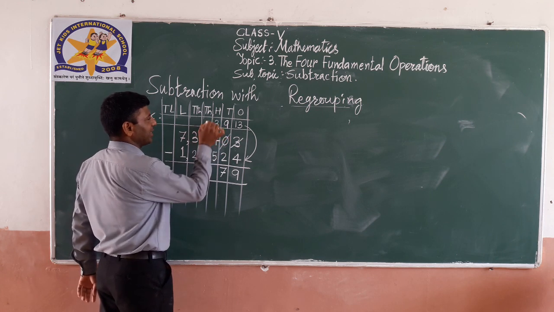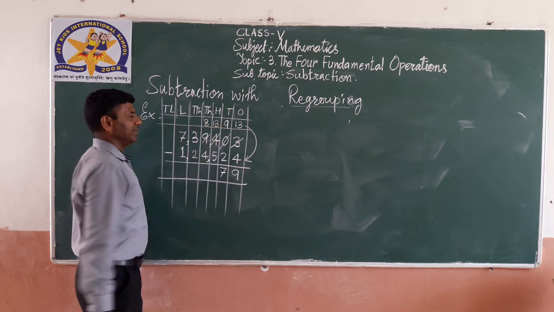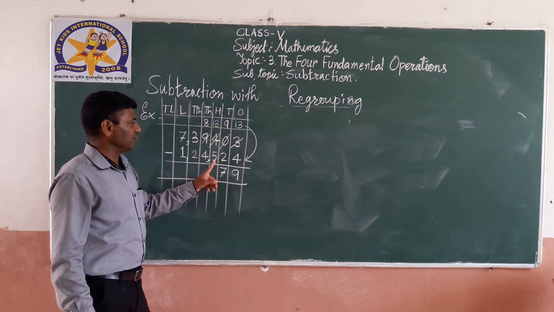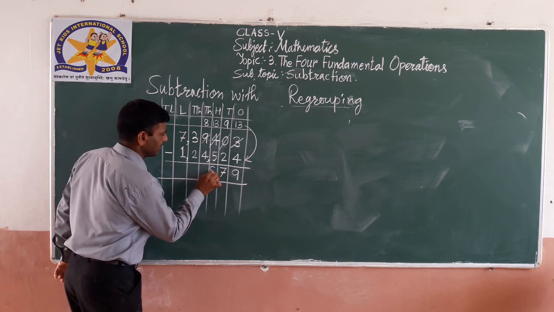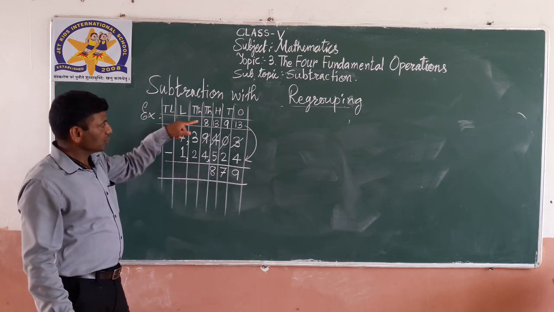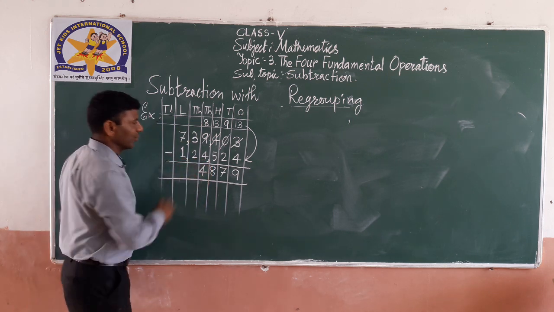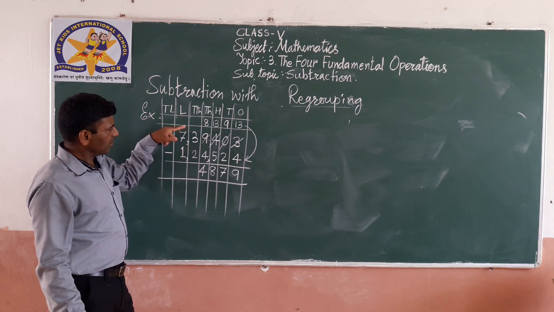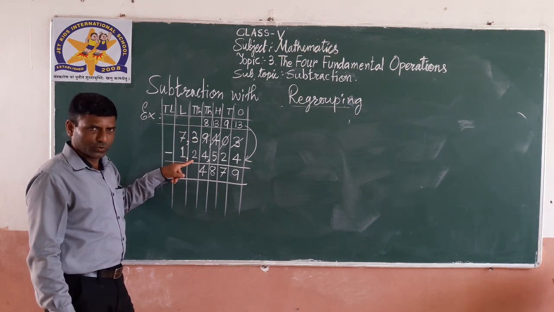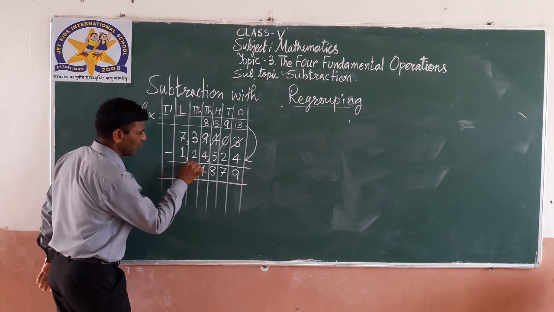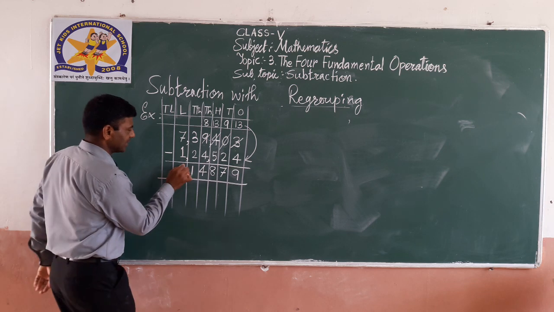So here 9 becomes 8 and these 3 become 13. So 13 minus 5, 8. So 8 minus 4, 4. Any borrow? No. Now 3 minus 2 possible? Yes, 3 minus 2, 1. 7 minus 1, 6.